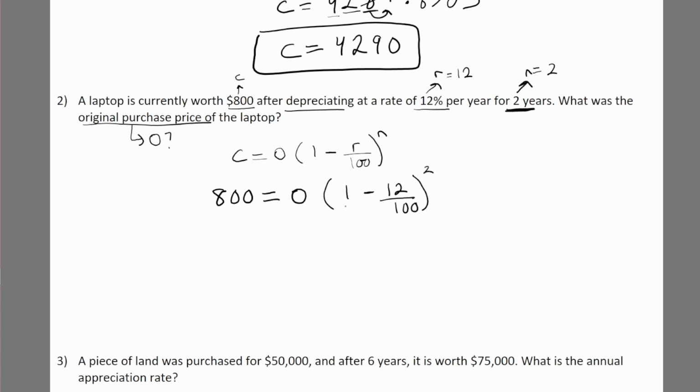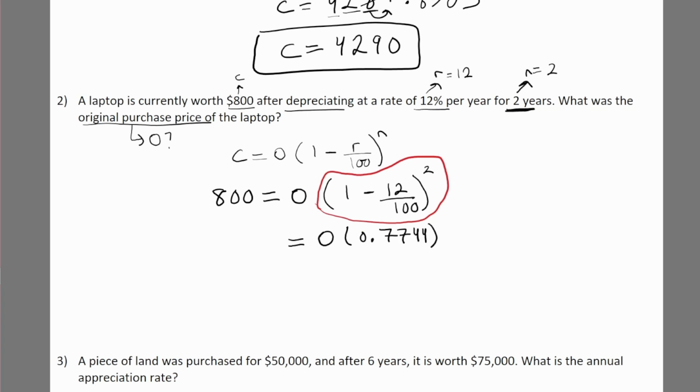Okay? So now what we're going to do is evaluate this entire expression on the calculator. So I'm going to go ahead and plug in 1 minus 12 over 100 to the power of 2. So we get an accurate value; you can write it as a fraction or a decimal, it doesn't matter. I'm going to write it as a decimal, so it's 0.7744.